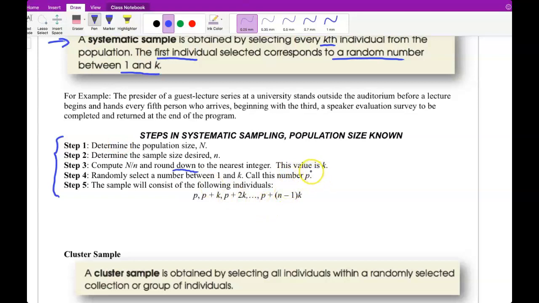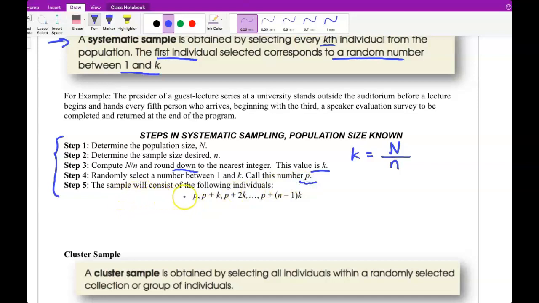This value is k. So k is the population size divided by the sample size. Then step 4: randomly select a number between 1 and k. Call this number p.